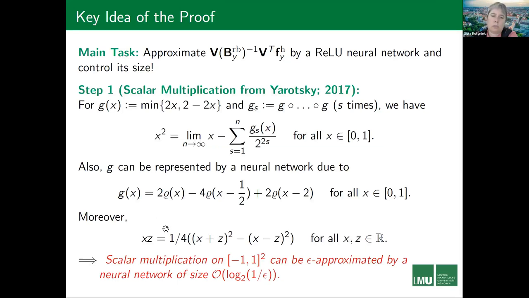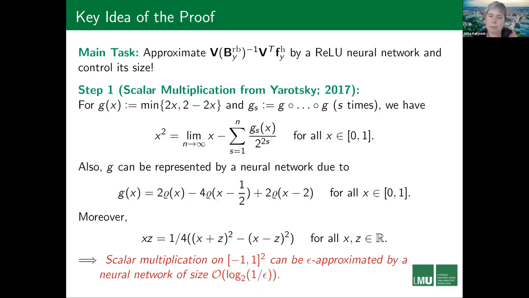I can also express scalar multiplication. Just by this formula, you see here, you just need a neural network for mimicking the square function, and then this is just an affine linear operation and a scalar. If you count things together, you can then show that scalar multiplication can be approximated by a neural network of this size. So in each step, you control the size.